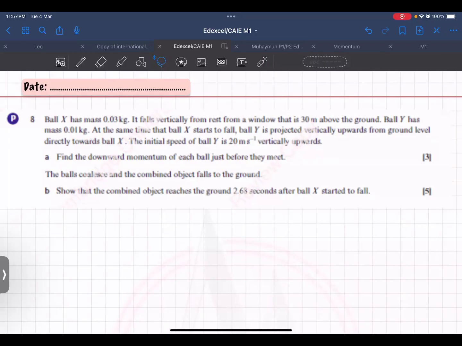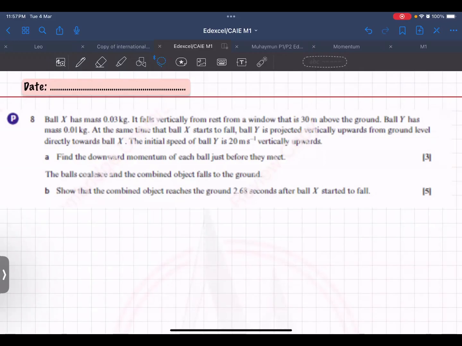Yes, sir, I got it, for part A. I found the velocity just before they meet. How did you get the velocity when they meet? I first found the time and then used v equals u plus at. How did you get the time?